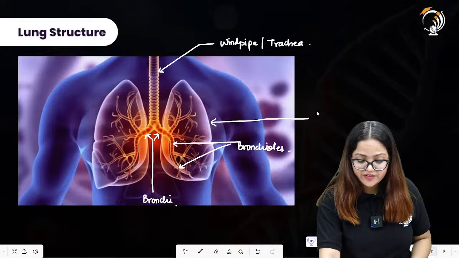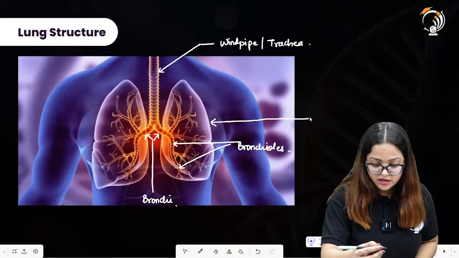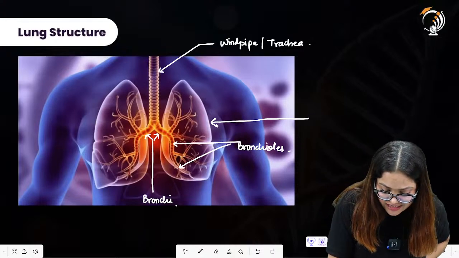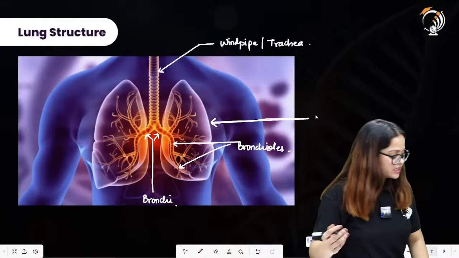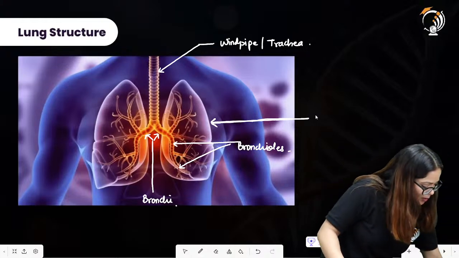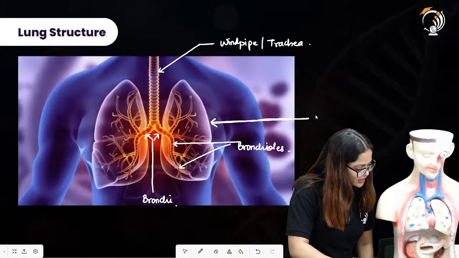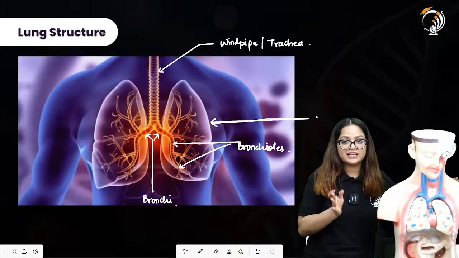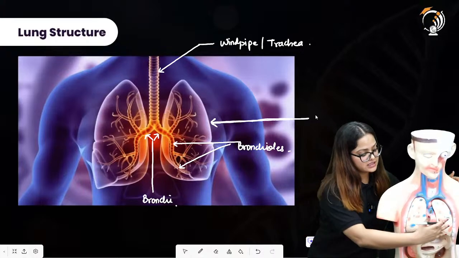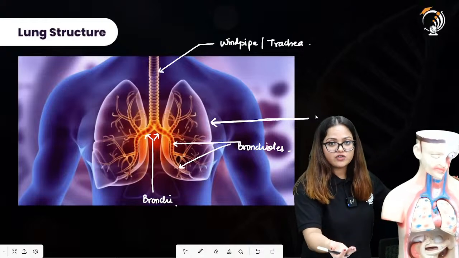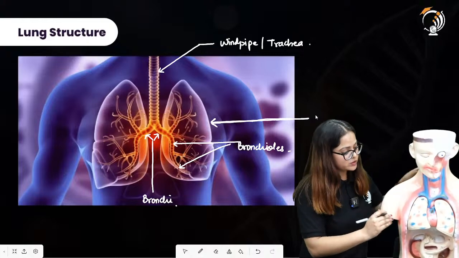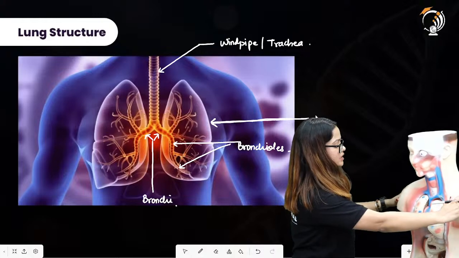So were you able to find which location this lung is placed in? Is it the right one or the left one? So when you answer this, you might need the help of Mr. Joy again here. This is the right lung and this is the left lung here. When we have the diagram in front of us, we have to just see it like this.